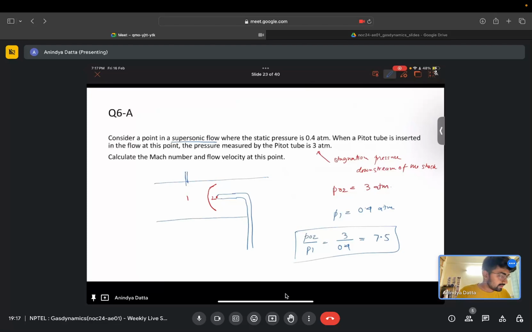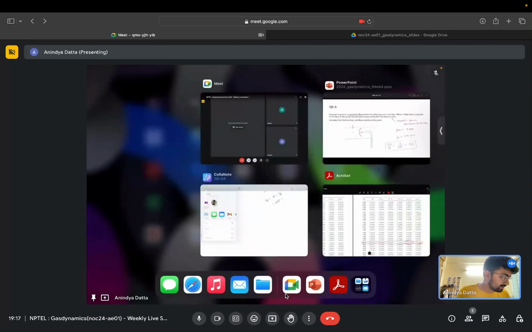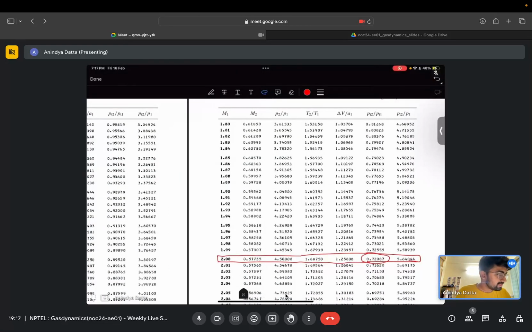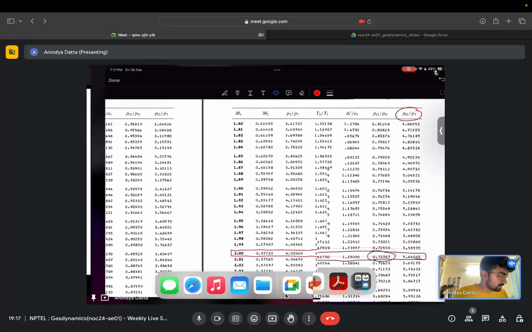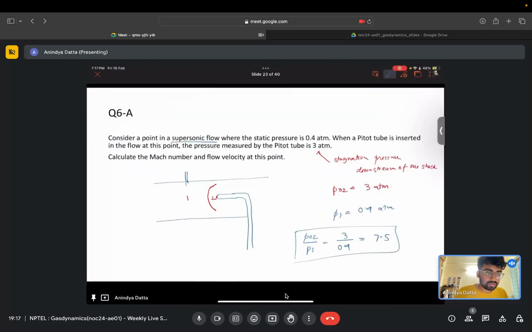Without using any formula, let's go to the gas table. In the gas table you will see there is this parameter given, the stagnation pressure downstream of the shock divided by the static pressure upstream of the shock. That is what we have found to be 7.5.